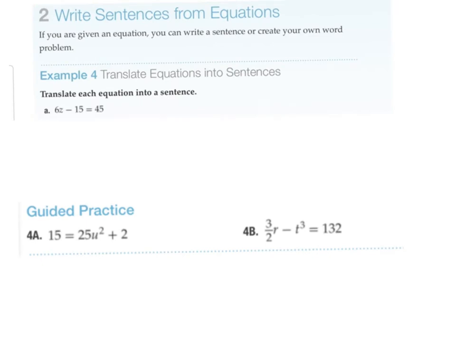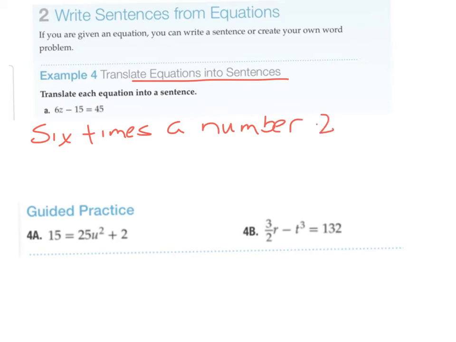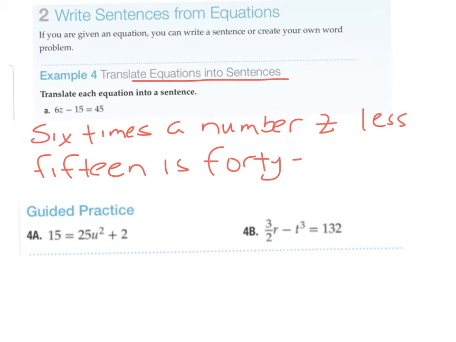When we're going the opposite direction, we're going to transfer into a sentence. We just want to write it like when we read it, in words. So we're going to go 6 times a number z less, which means subtraction, 15 is 45.